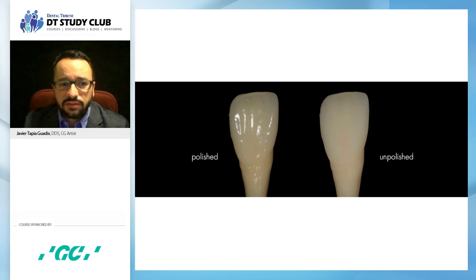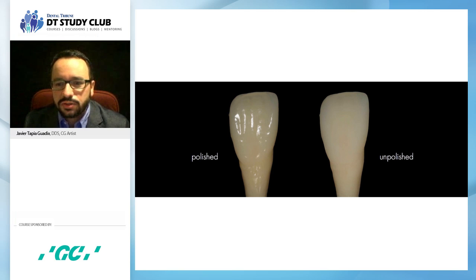If we look at a more dental example, this is a tooth sample made with composite, and it's exactly the same shade, exactly the same tooth. The only difference is the left one is polished, and the right one is unpolished. And you will see how different they look in color.